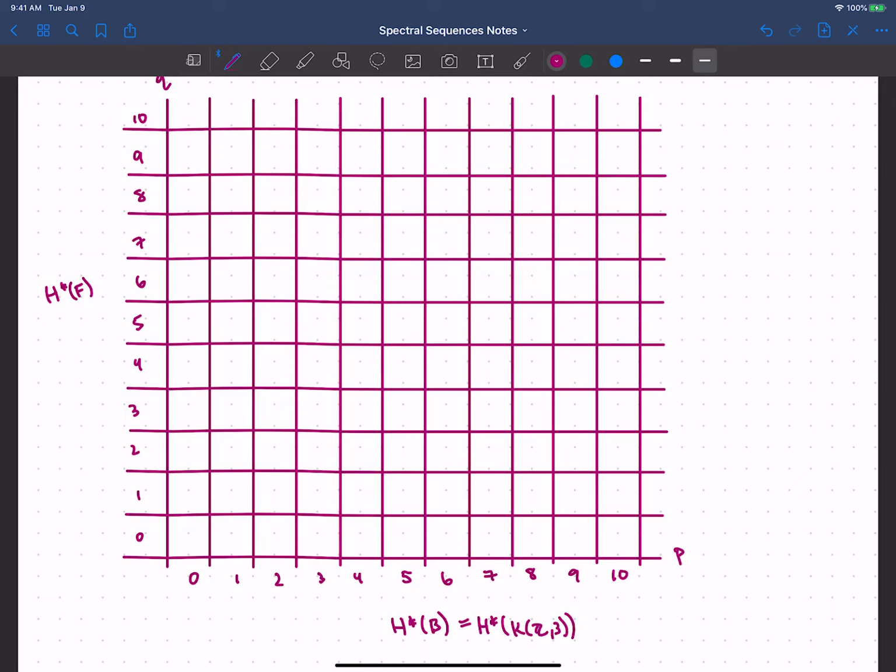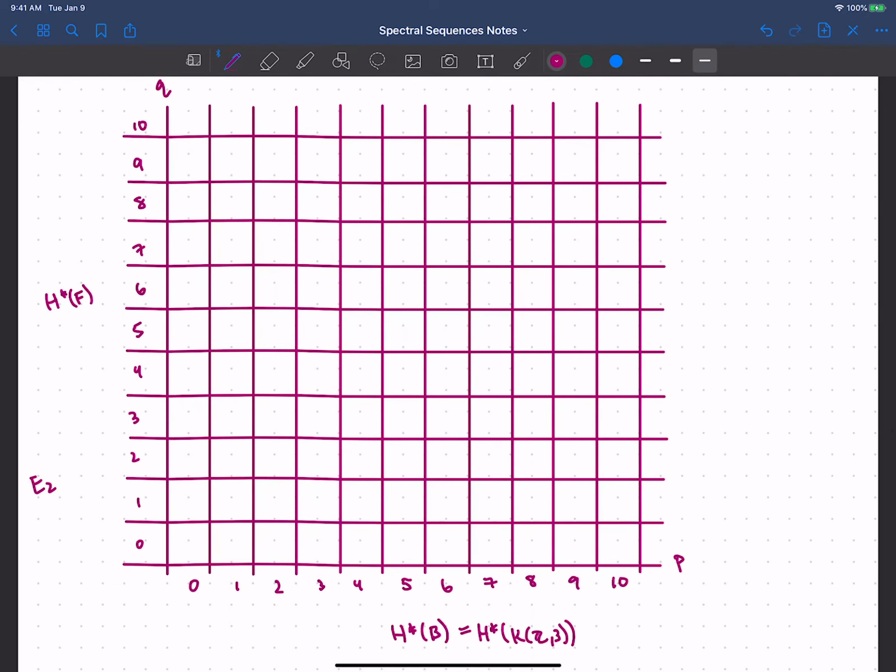And again, I'm going to draw the E2 page, though this time I will think of multiple pages as being on top of each other. We may have to do some scrolling back and forth because it's hard to fit this all on one page, so bear with me.